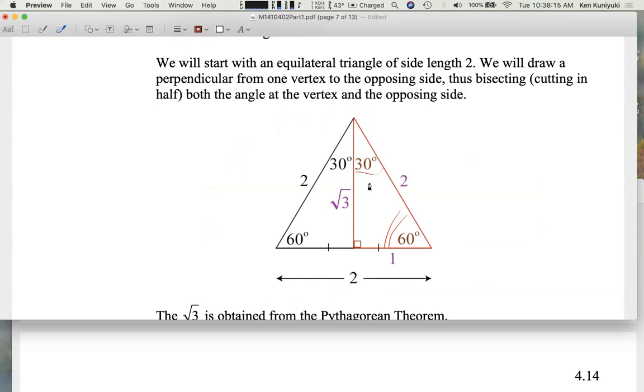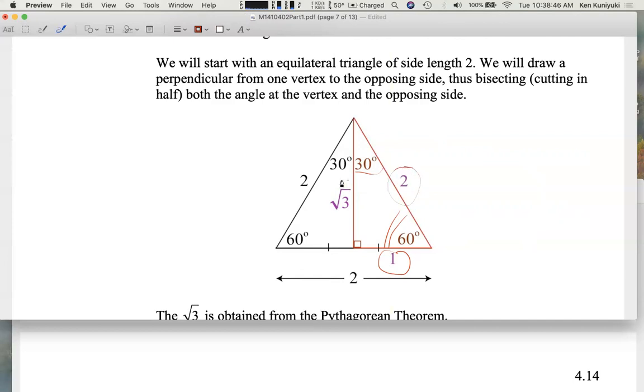Okay, now remember, we bisected this side over here. We split it into 2 equal sized pieces. If the entire side length here is 2 meters from here to here, then it's just 1 meter from here to here. 1 meter over here. This side length is still 2 meters. The hypotenuse is still 2 meters. That was the original side length.